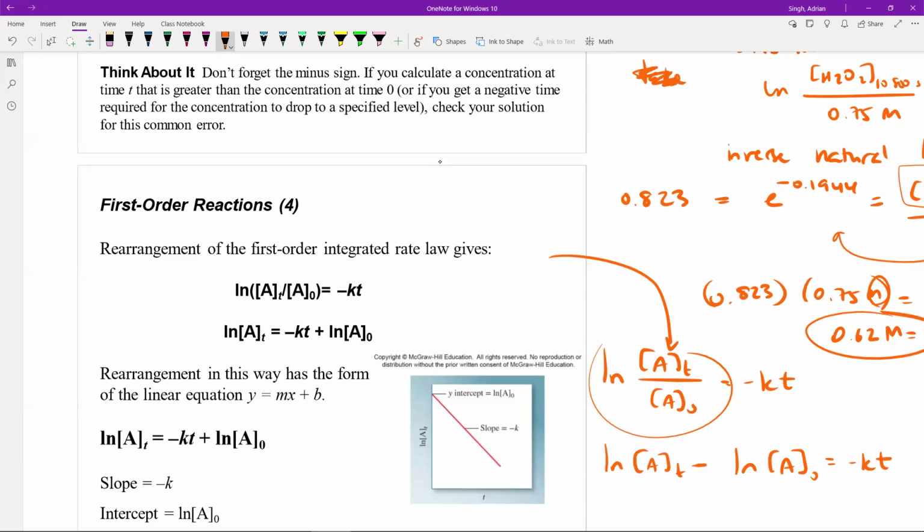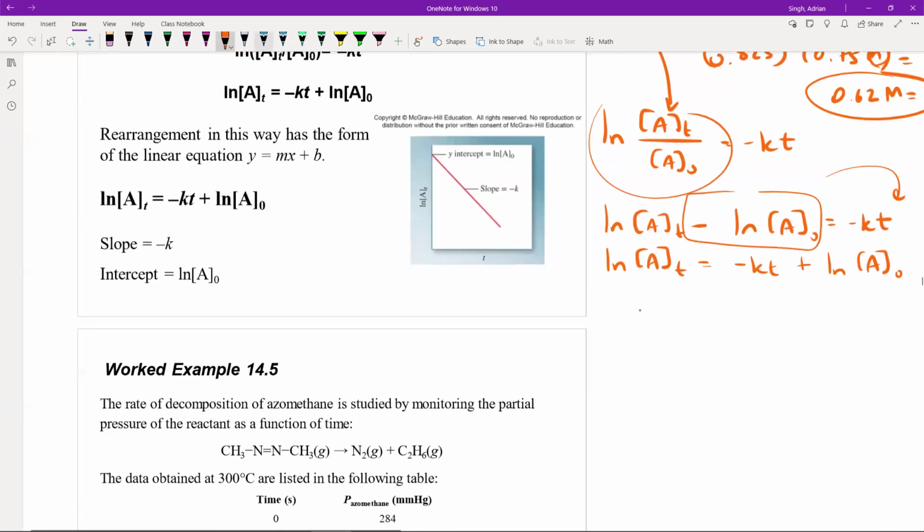If we rearrange this further, what we end up with is the natural log of A at t is equal to negative kt, and to move this other term to the other side, we end up with plus the natural log of A at time 0. And this is important because it allows us to make an approximation.